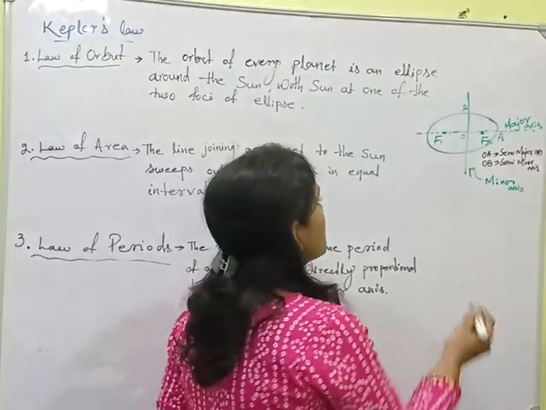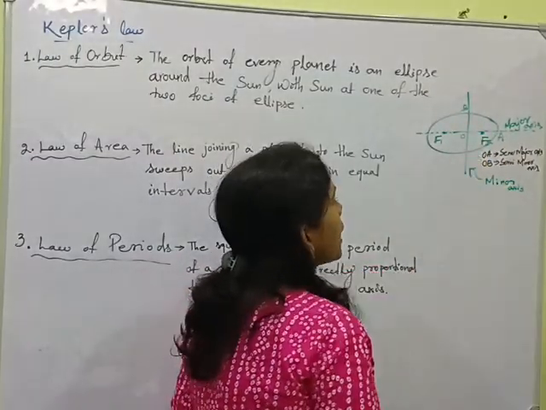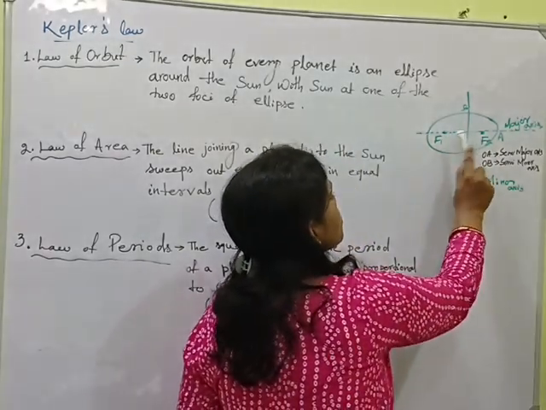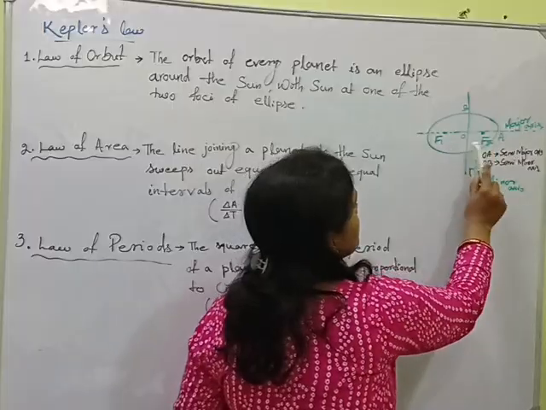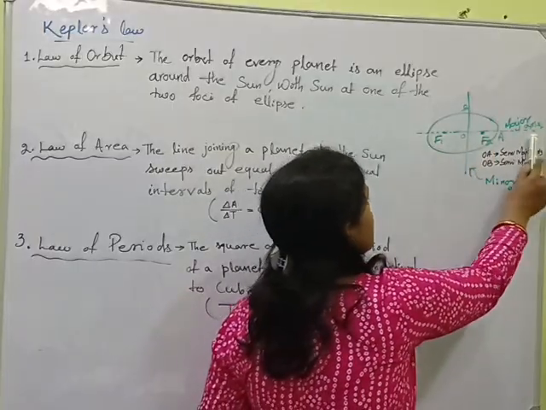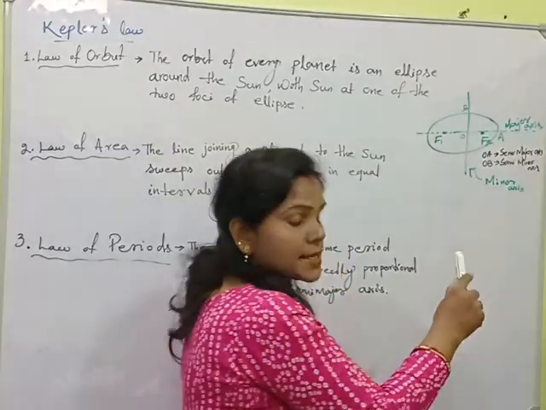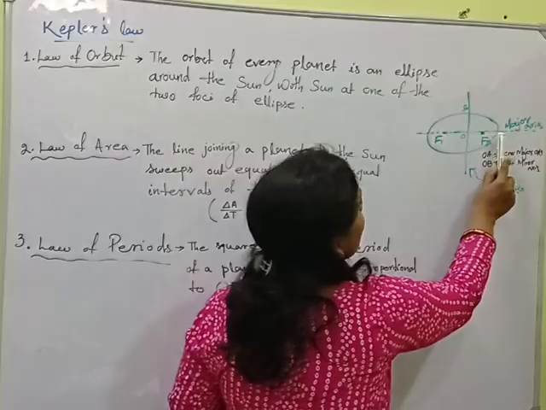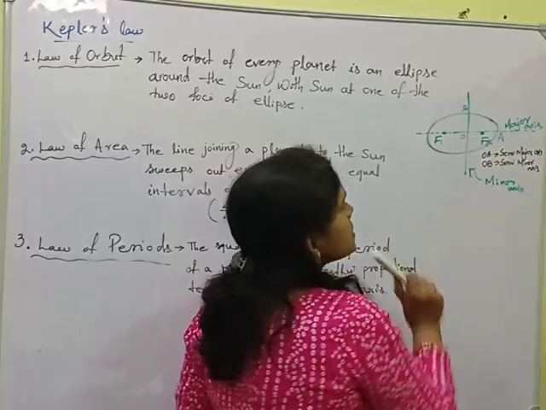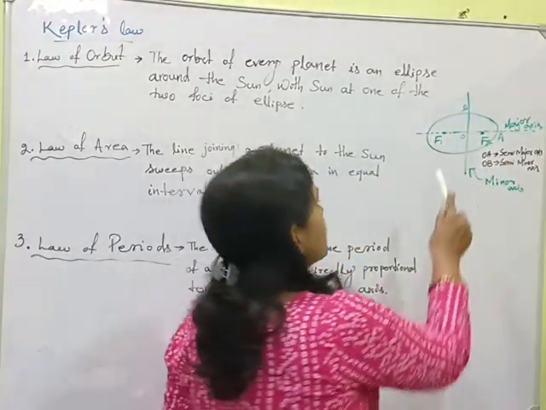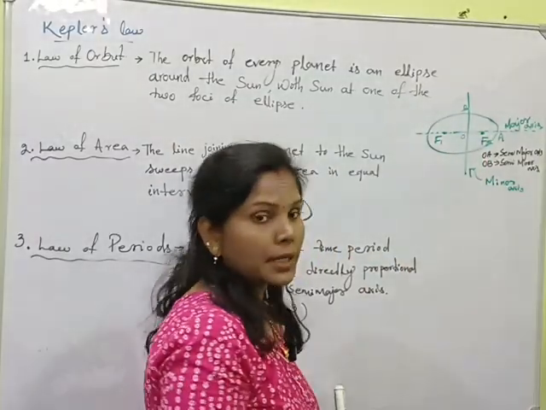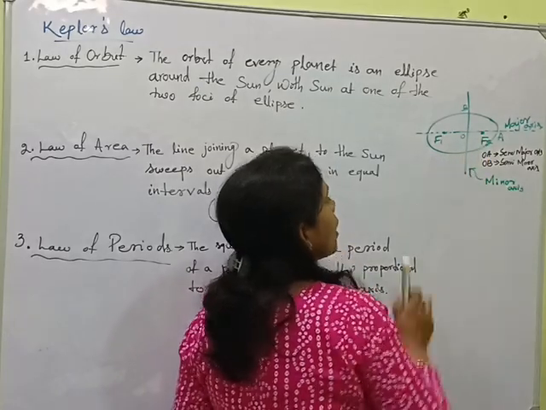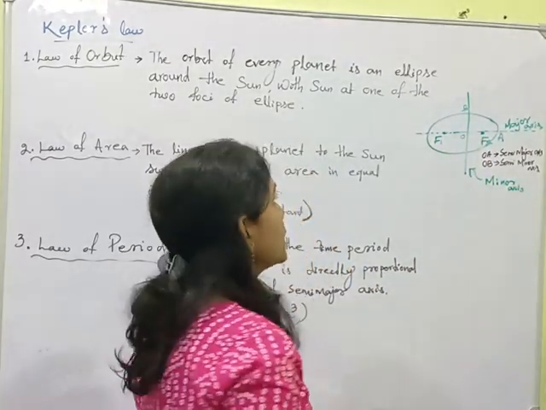If we look at the elliptical shape here, this is the ellipse, O is the center, and F1 and F2 are the two foci. There are two axes: one is the major axis, the other is the minor axis. OA is the semi-major axis and OB is the semi-minor axis. On the major axis, the two points F1 and F2 are the points where the Sun can be placed.